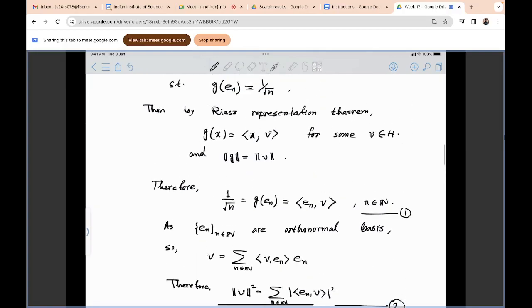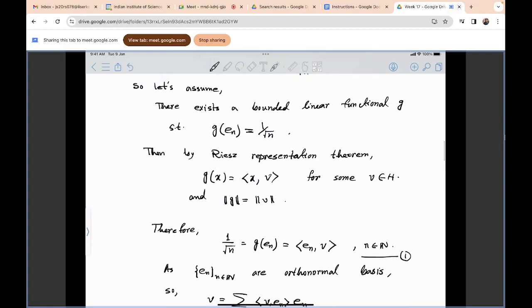So why did we arrive at a contradiction? Because we assumed that there exists such a bounded linear functional.